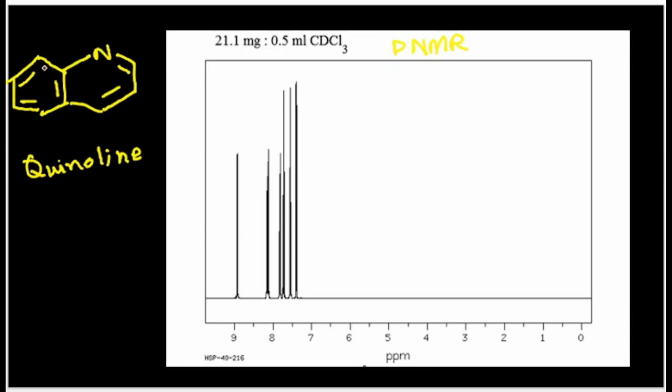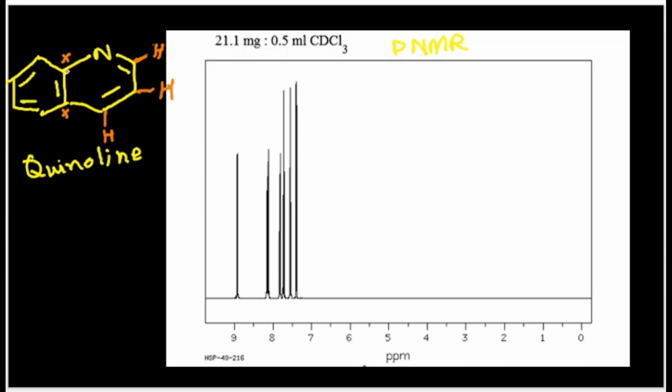The protons present in quinoline are as follows: one proton is present here, one proton here, and one proton here. No proton is present here and no proton is present here, because the carbon valency is fully satisfied.